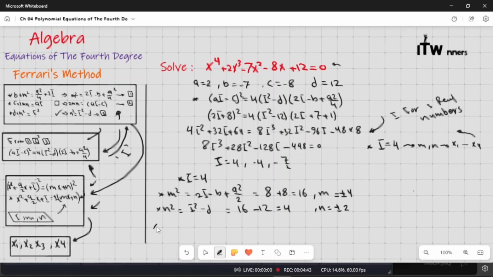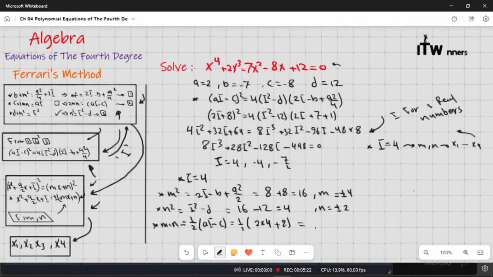Okay, the relation between this m and n from the second equation: m into n equal to half of (a I minus c). So we have here half of (2 into 4 plus 8), so here we have 8.